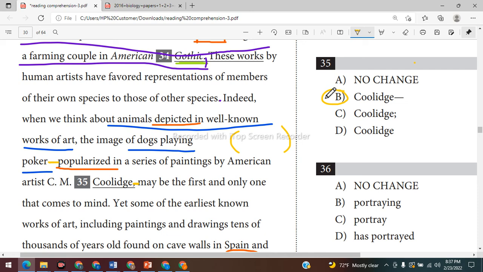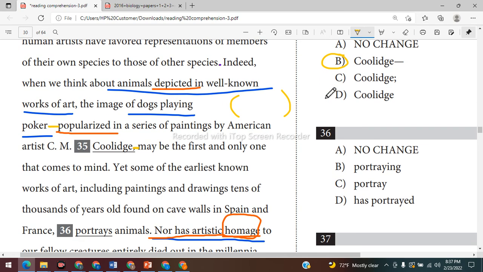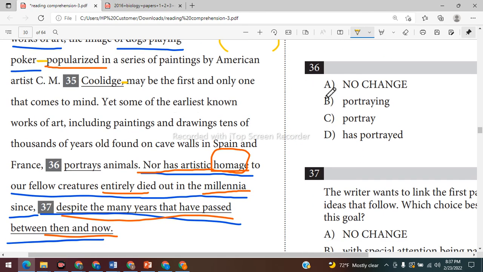Number 36. Yet some of the earliest known works of art, including paintings and drawings, tens of thousands of years old, found on walls in Spain and France, portrays animals. Is it no change, portray, or has portrayed?